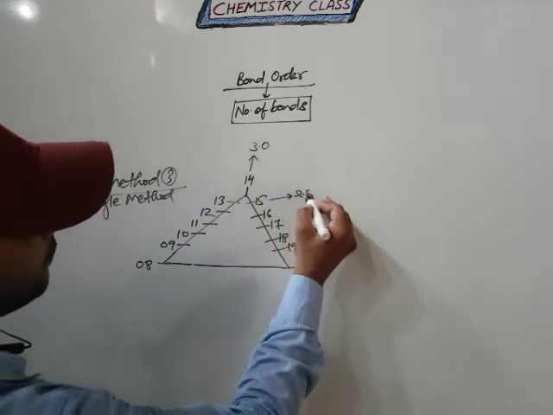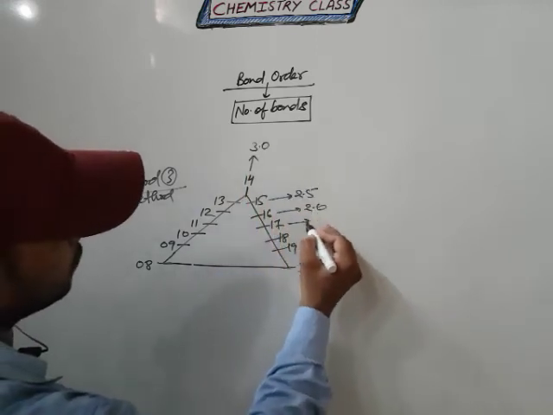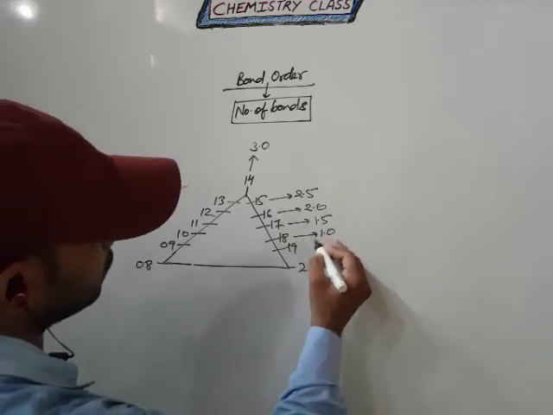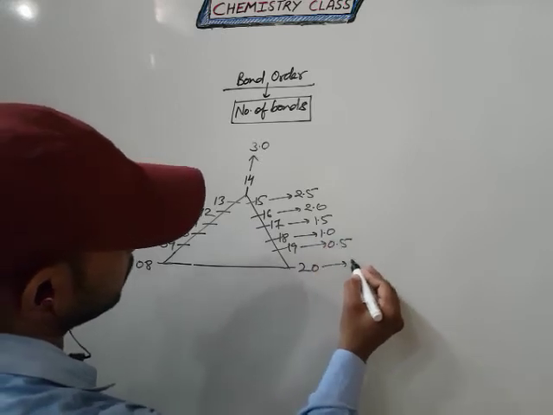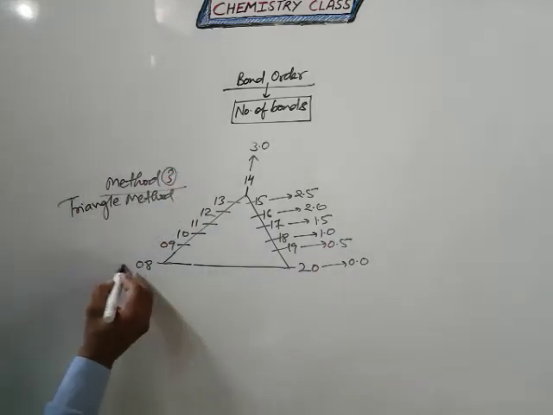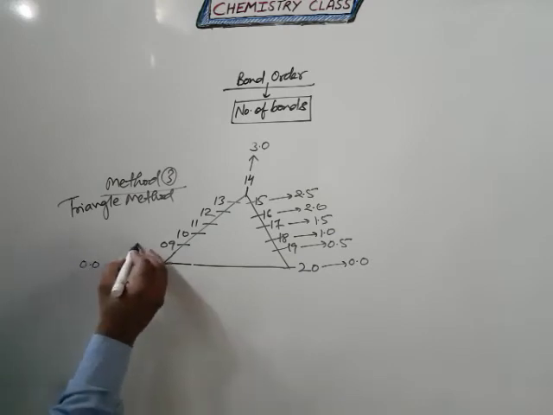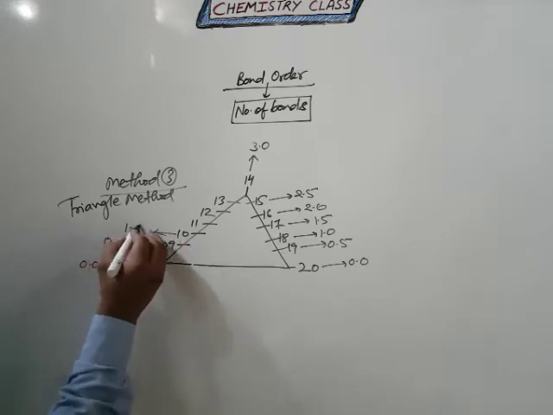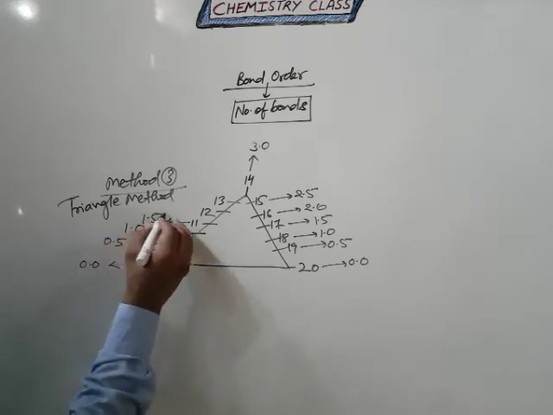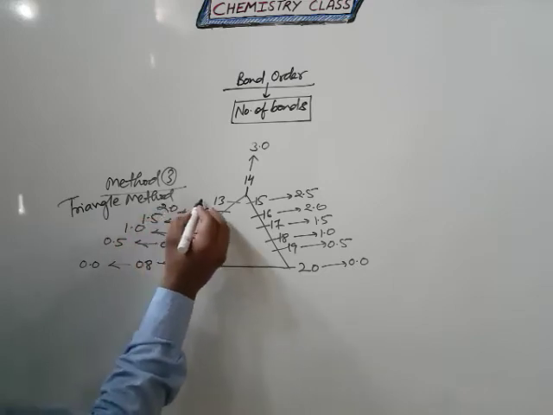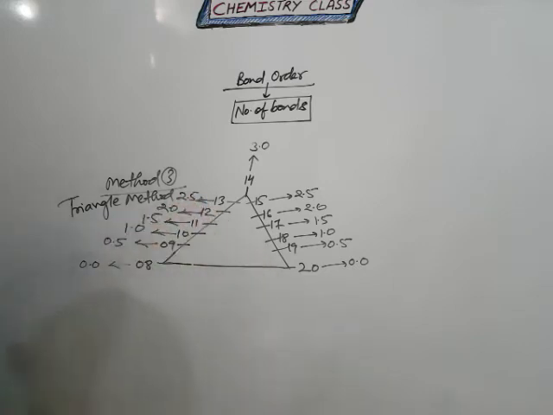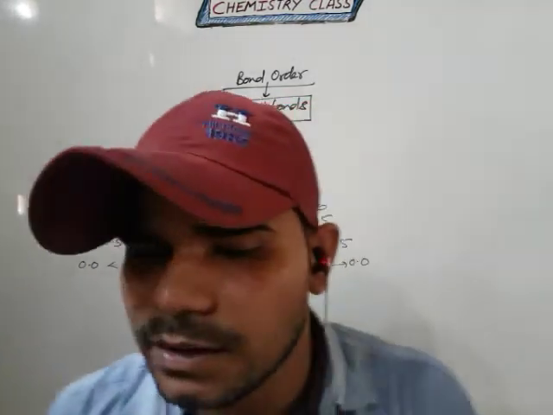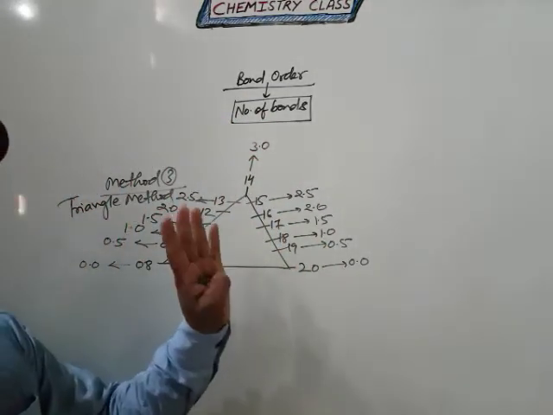For 15, it is 2.5, then 2.0, 1.5, 1.0, 0.5 and 0.0. Same on the other side: for 8 it is 0.0, then 0.5, 1.0, 1.5, 2.0 and 2.5. So these are the values. If you calculate the total electrons, then you can easily write the bond order values.